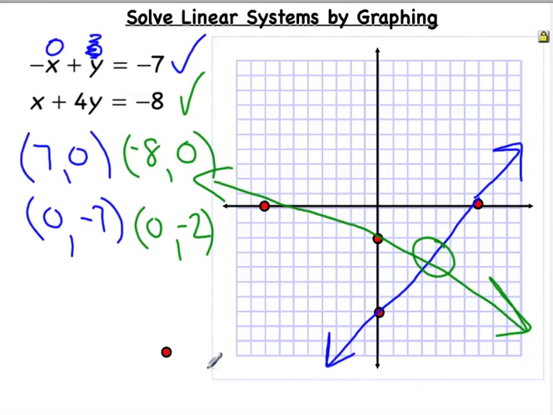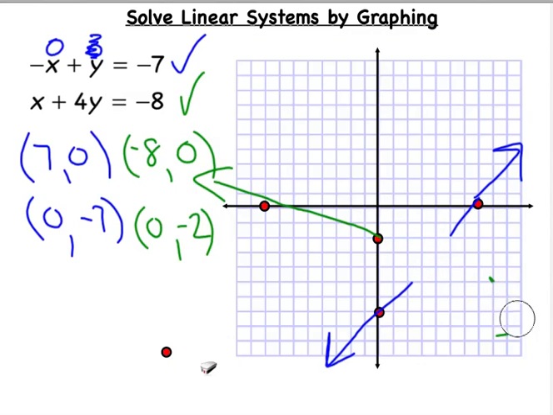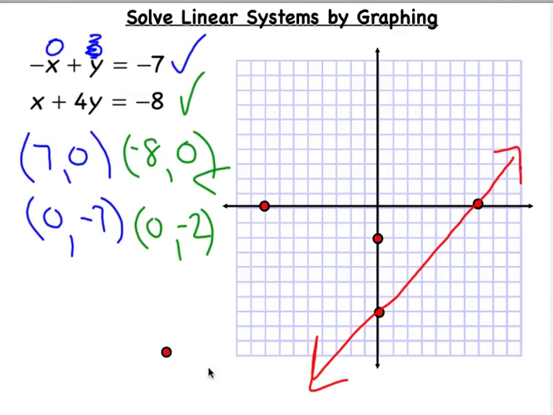I did a poor job graphing this. If this happens, let's pick a point that's near it. Actually, let me just redo this line, because I think that's really off. Let me redo both of them. All right, the one in red is there. And if we do the one in green, that's still off.